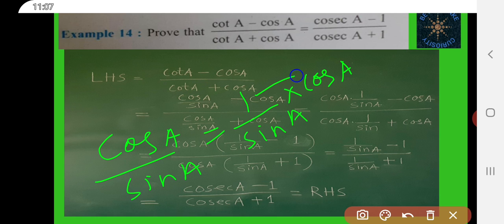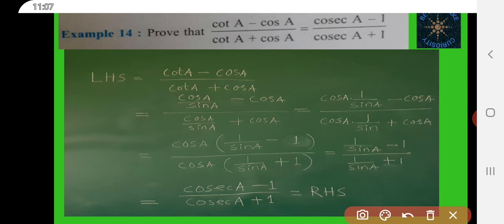If you multiply 1 with this, then you again get cos A by sin A. So you can write this like this, and also this you can write like this, cos A into 1 by sin A also you can write. Here also cos A into 1 by sin A. Okay.